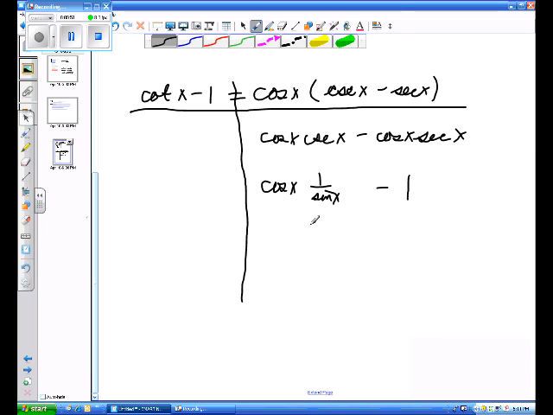And so we have cosine over sine minus 1, and cosine over sine is cotangent. And again, we could have written this as cosine x times 1 over cosine x right here, and then that would be 1. So we did some of our basic operations.